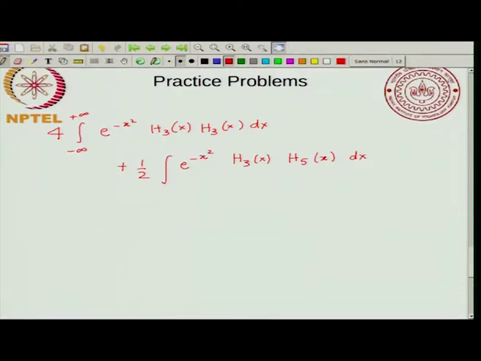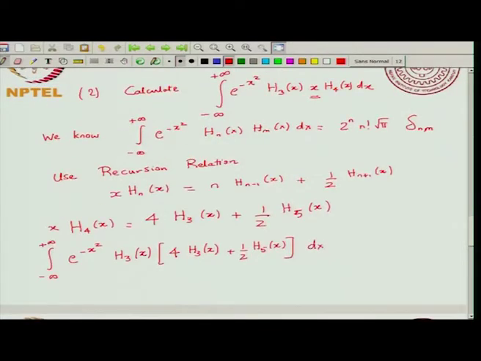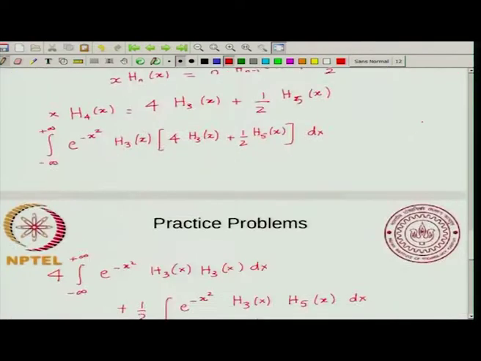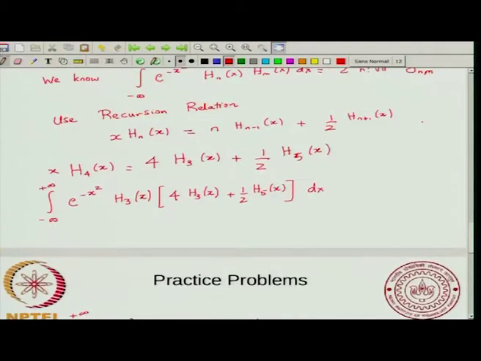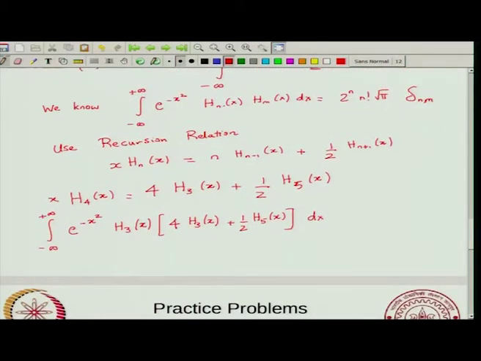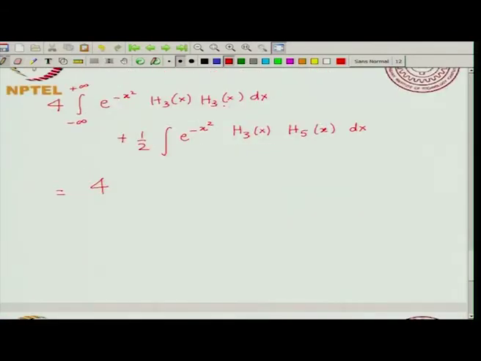From the orthogonality relation, in the first term you have H3 into H3. If you go back to the orthogonality relation for Hn Hm, when n is equal to m, you will get only this part, 2 raised to n, n factorial, root pi, because the delta of n m is 1. In this case n equals m equals 3, so you have 2 raised to 3 into 3 factorial into square root of pi.